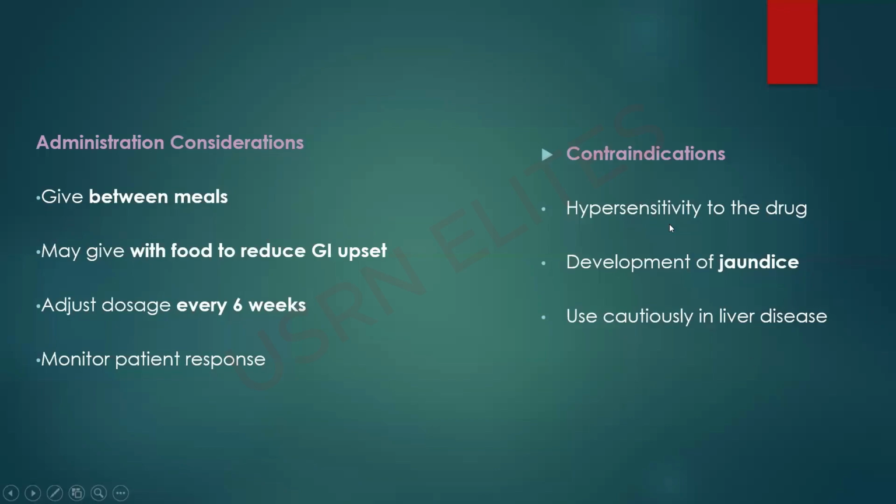So these are outright contraindications. When you are hypersensitive to the drug, you can't take it. And because it's highly metabolized by the liver, when you have jaundice or a liver issue, you can't take it. Jaundice is a sign that your liver is currently undergoing some form of stress.